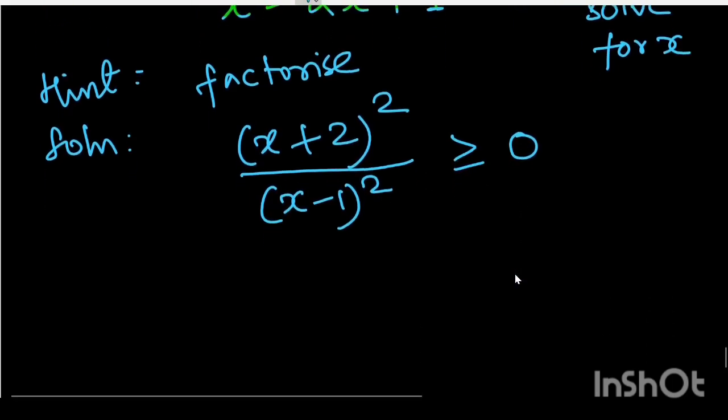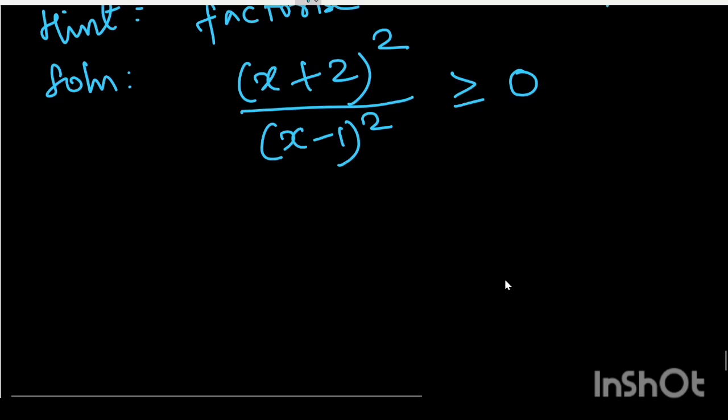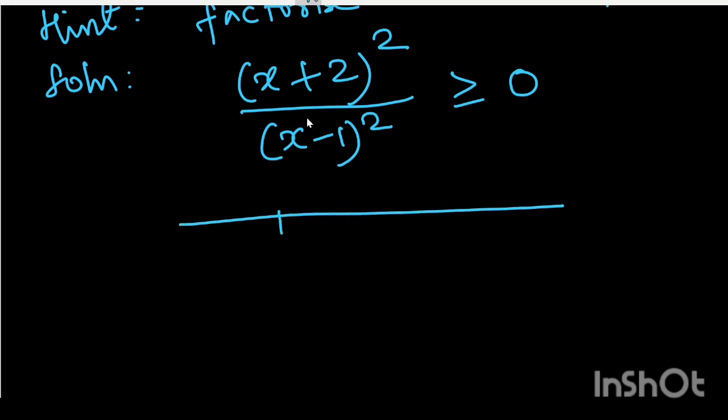Okay. Now the thing is, we can plot them. The 0 is clearly minus 2. The pole is 1. We will cross it. Mark it by plus.